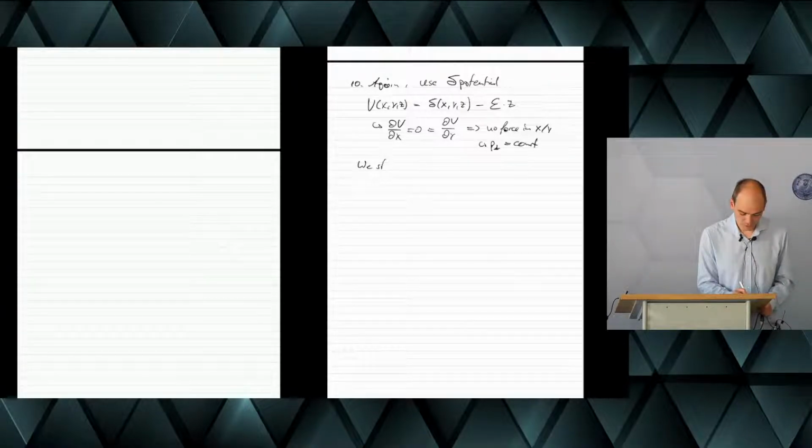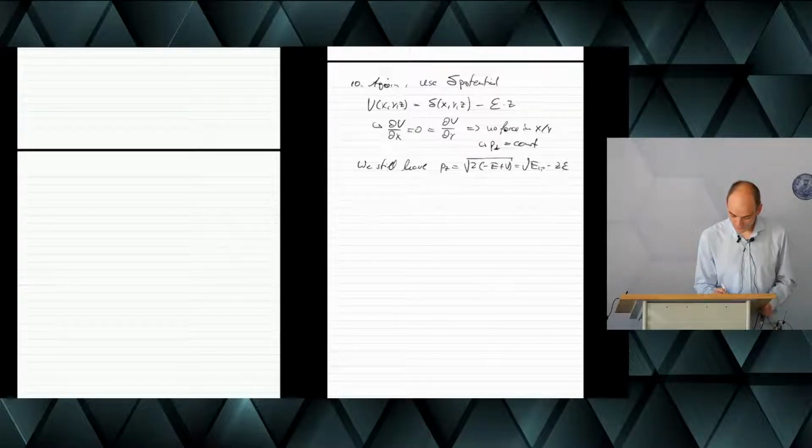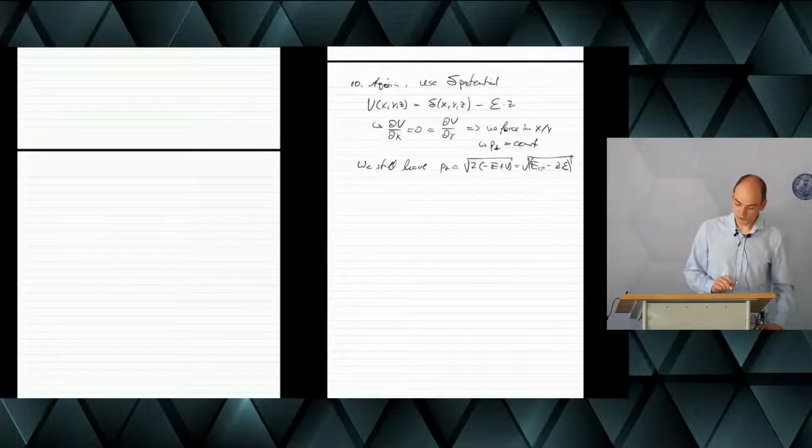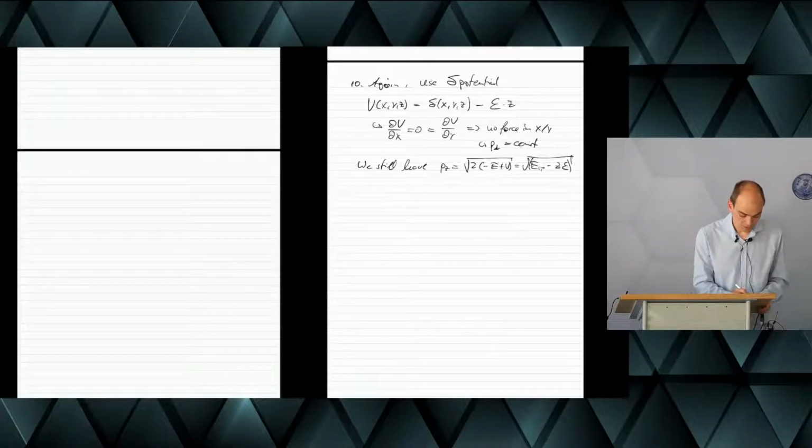And we still have pz equals the square root of minus E plus V, Ip minus, this still holds for the momentum under the barrier in that direction. Okay, so now let's solve the correction term.